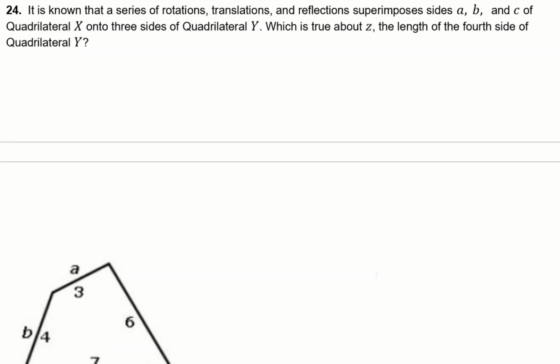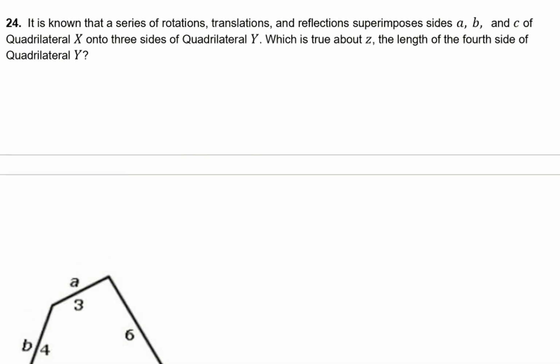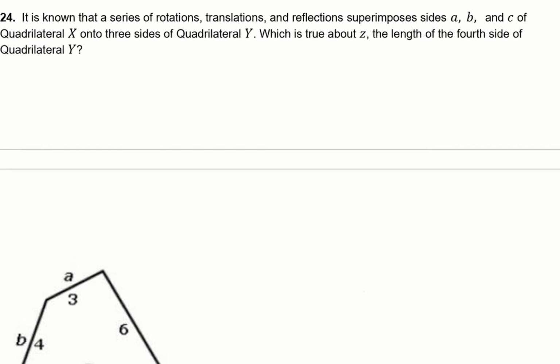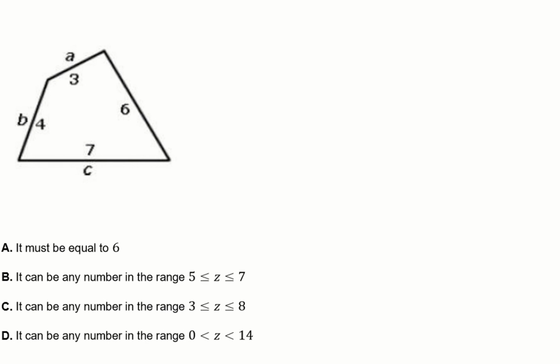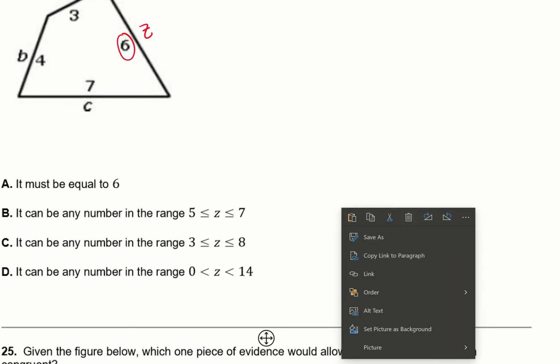It's just transforming it without changing the shape at all. So if you're doing these rigid motions, or what we call congruence transformations, the lengths are preserved, and therefore the length of the fourth side should not change. In this case, this fourth side, which we'll call Z, should remain at a value of 6. The length measure, that is.